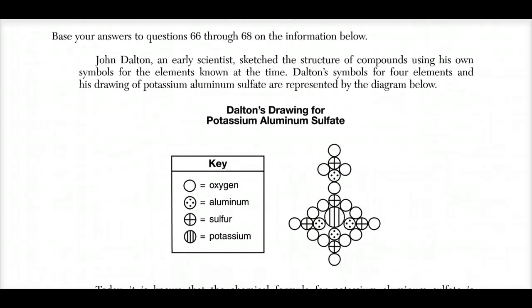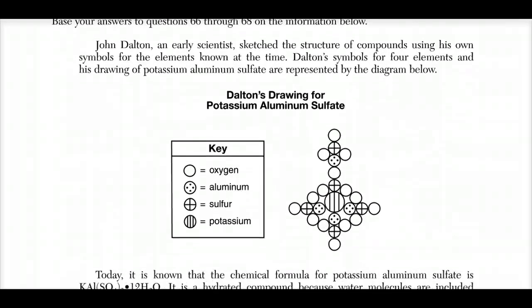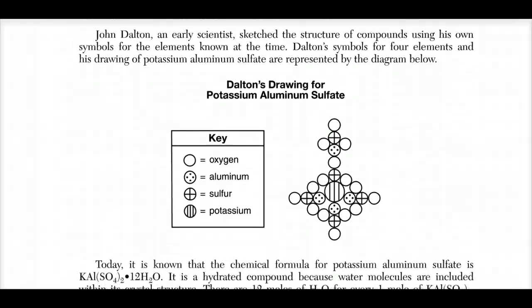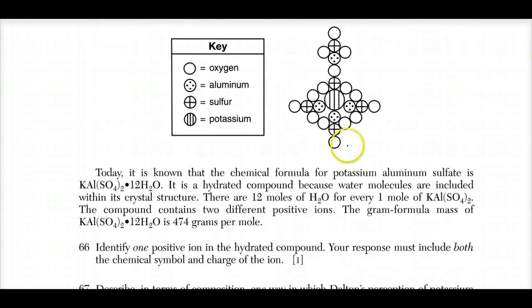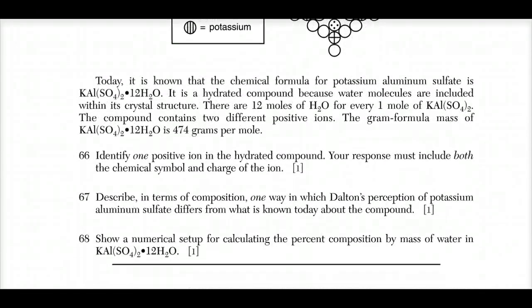Some of my students get intimidated here. So there's a lot going on here. John Dalton's an early scientist. He sketched compounds using his own symbols for atoms, and there we have a symbol for something there with that key. They give you some more information about the hydrated compound.